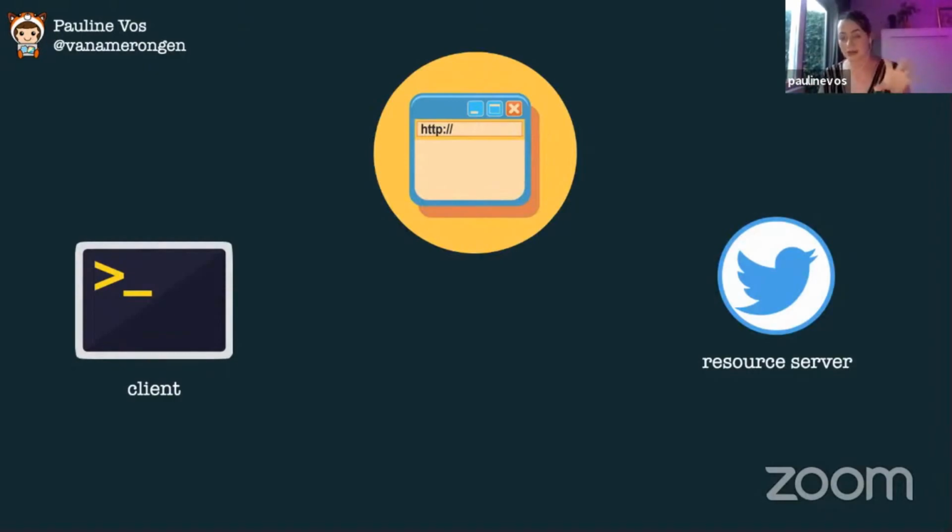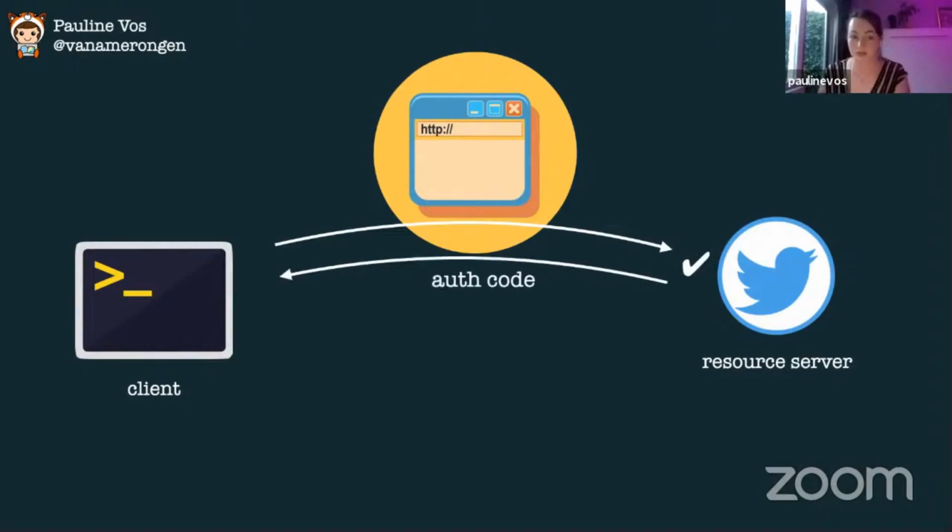Okay, so this is how that works. Your client redirects your user to the resource server, bearing credentials and the redirect URI. Then the resource server checks if the user is logged in, then sends the authorization code back.